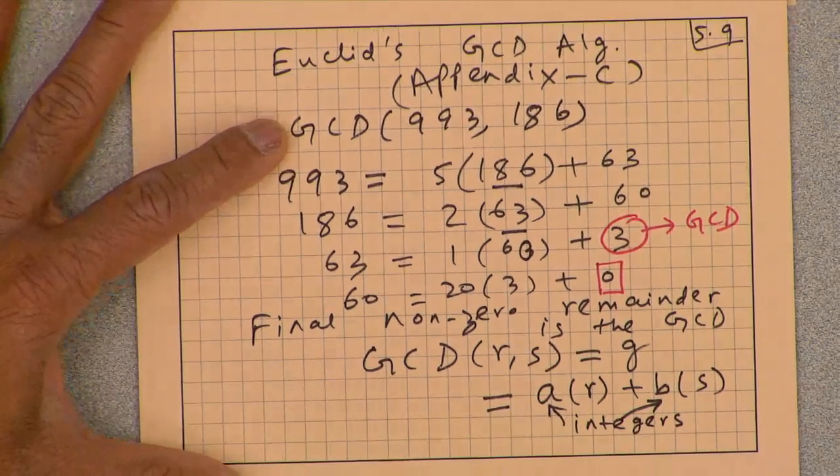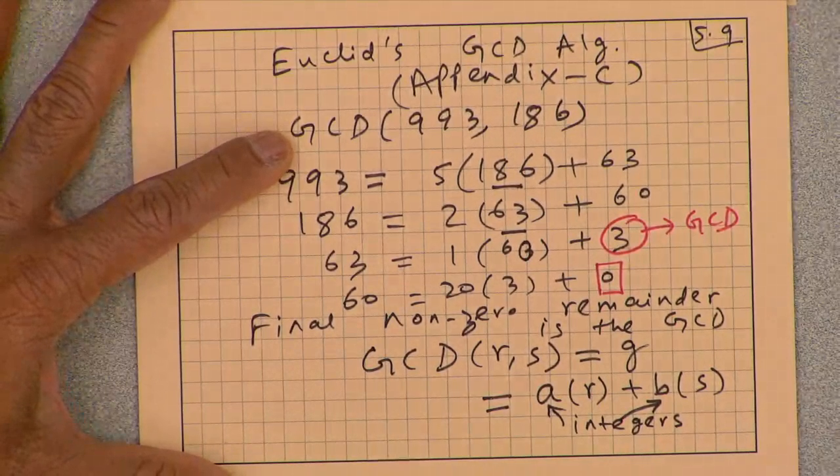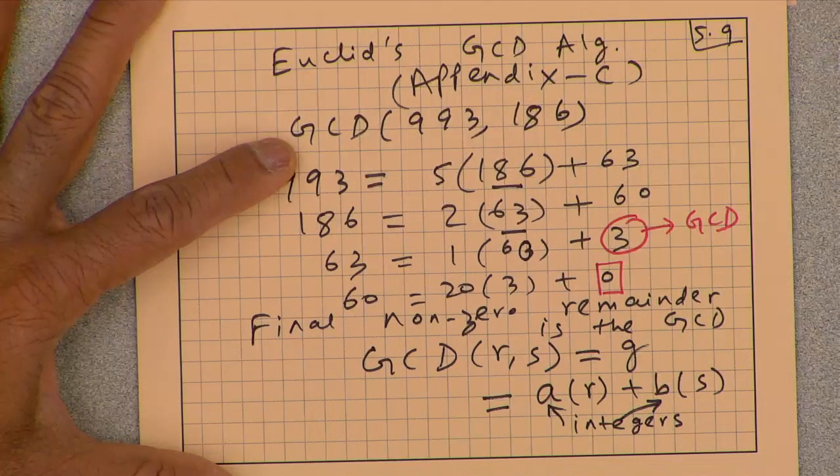Every GCD of two numbers can be described as a linear sum of the original numbers.